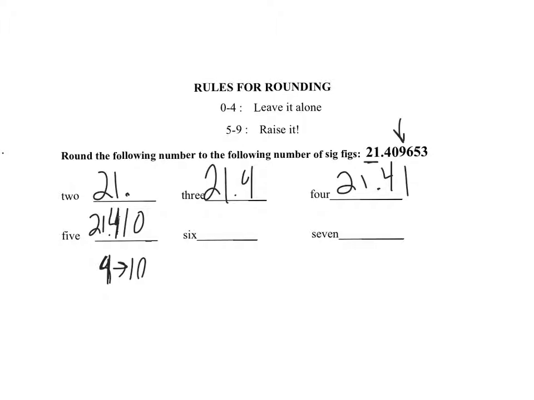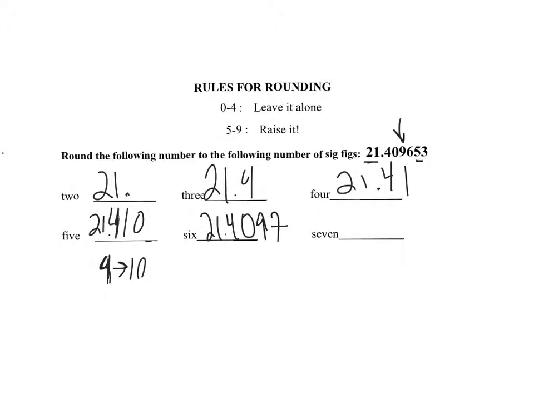Let's say I want to round it to 6 significant figures. 21.4096 would be the 6th significant figure. So we look at the 5 to determine whether that 6 gets to stay a 6 or whether it has to round up. The 5 rounds up. So we have 21.4097.